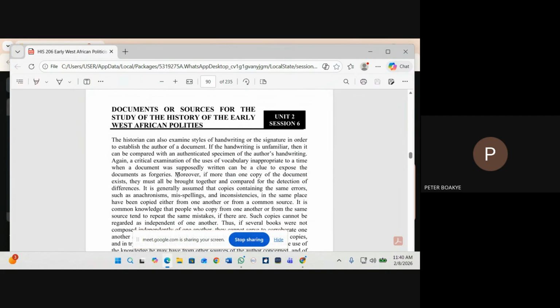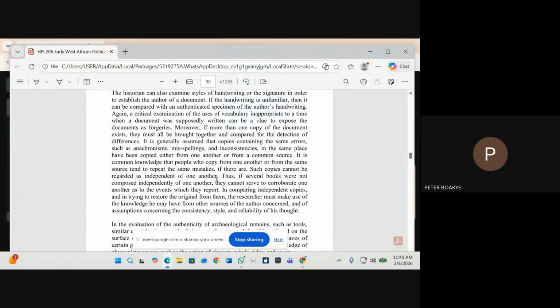The historian can also examine styles of handwriting or signatures in order to establish the authorship, who wrote it. A critical examination of vocabulary inappropriate to the time when a document was supposedly written can also detect forgery.